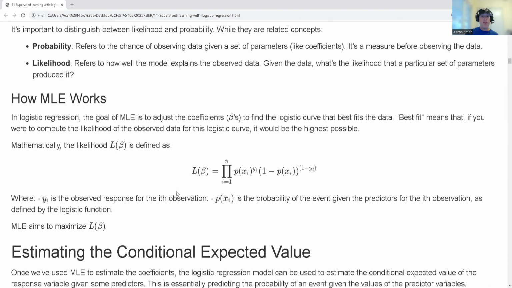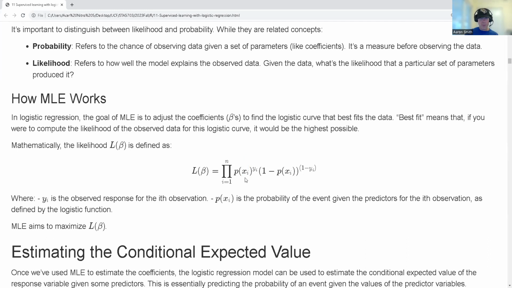All right, so a maximum likelihood estimate. How this is actually scored and worked out is that I'm going to take the binomial distribution and apply it for every single row of data. Say X is all the different values for the predictor variable.